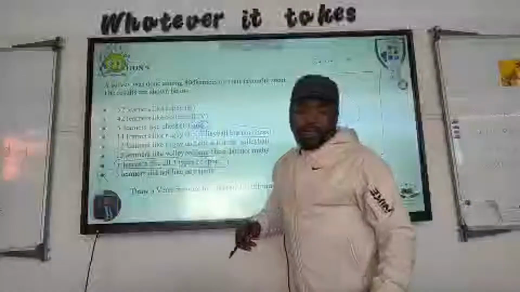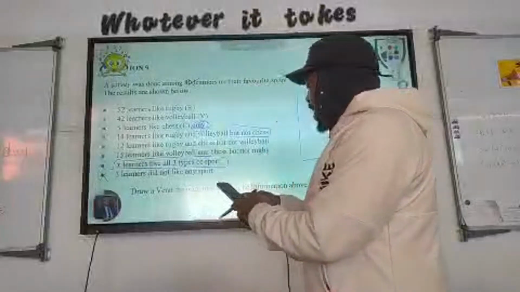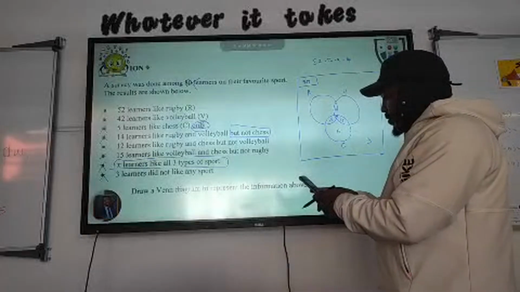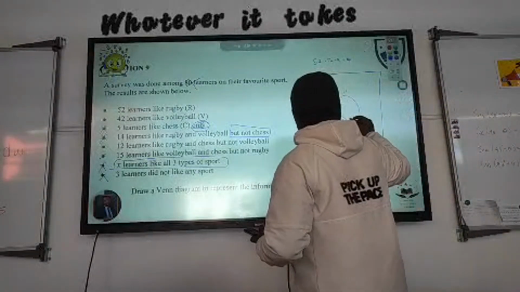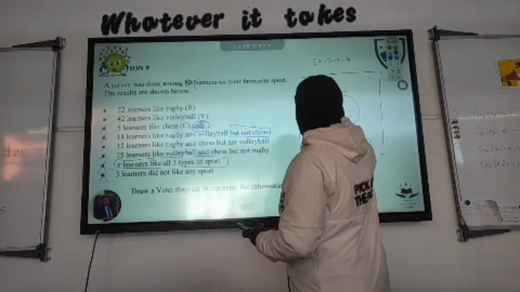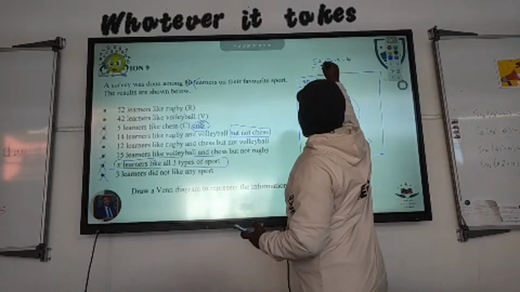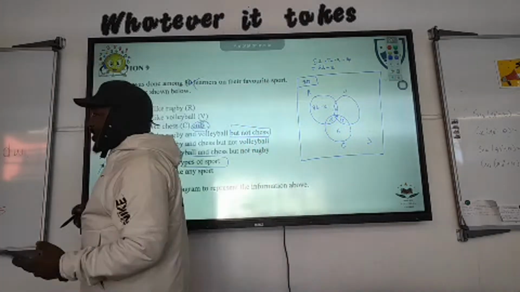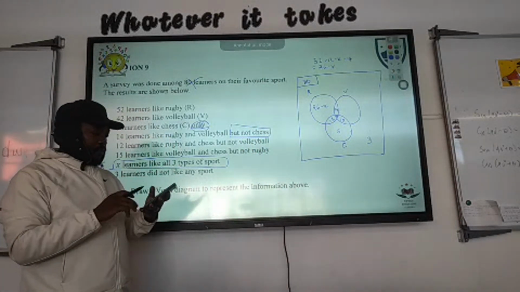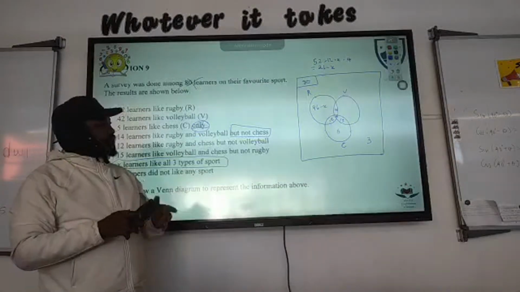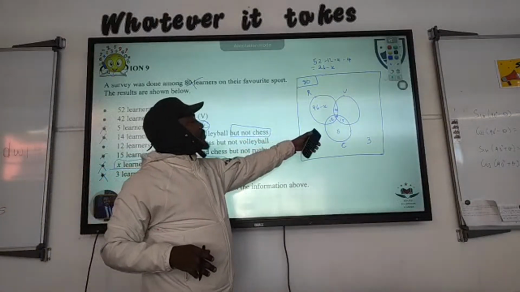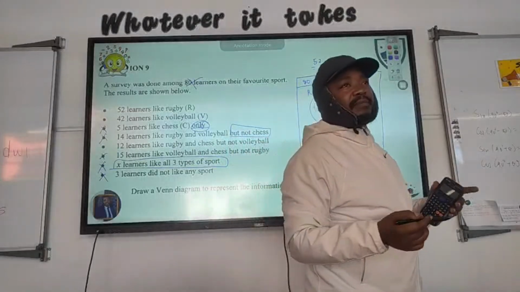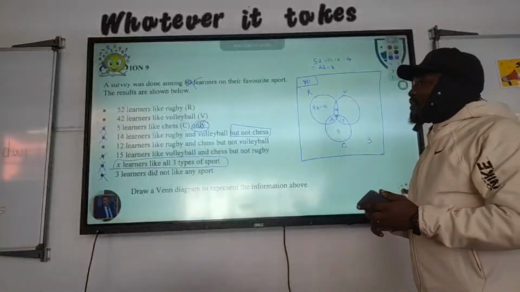Use your calculator: 52 minus 12 minus 14 will give me 26. So I'm going to put 26 minus x, because this was not saying "only" or "but not". So we need to remove those that have already been counted during the intersections.